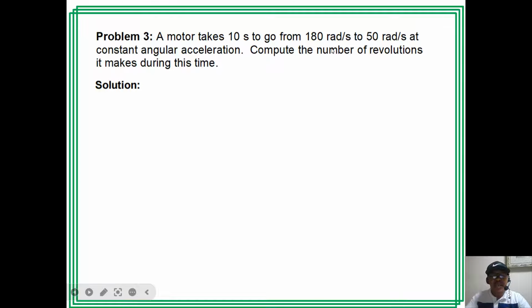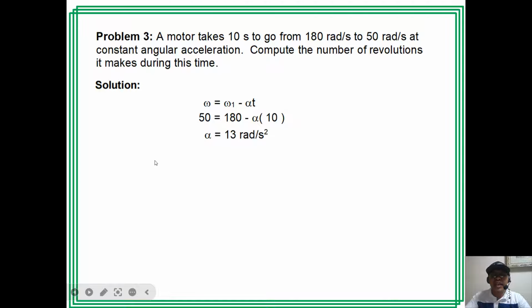Observe that the rotation here is decelerating, so the final velocity is lesser than the initial velocity. We can first compute the acceleration: final velocity equals initial minus alpha times t. So this is 50, this is 180, then the time is 10. We can solve for alpha equal to 13 radians per second squared.